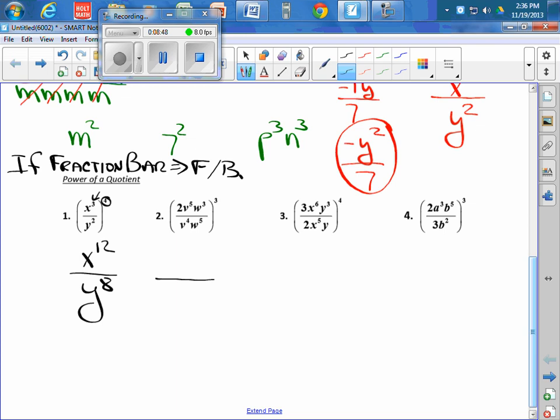Like, for example, in number 2, look at what's inside the parentheses. This can be simplified. How do we do that? Well, we take the 2 and write it down. Nothing's going to simplify with the 2. But look at that v to the 5th over v to the 4th. 5 minus 4 is 1, so I'm going to have v to the 1st in the numerator. I have w to the 3rd and w to the 5th.